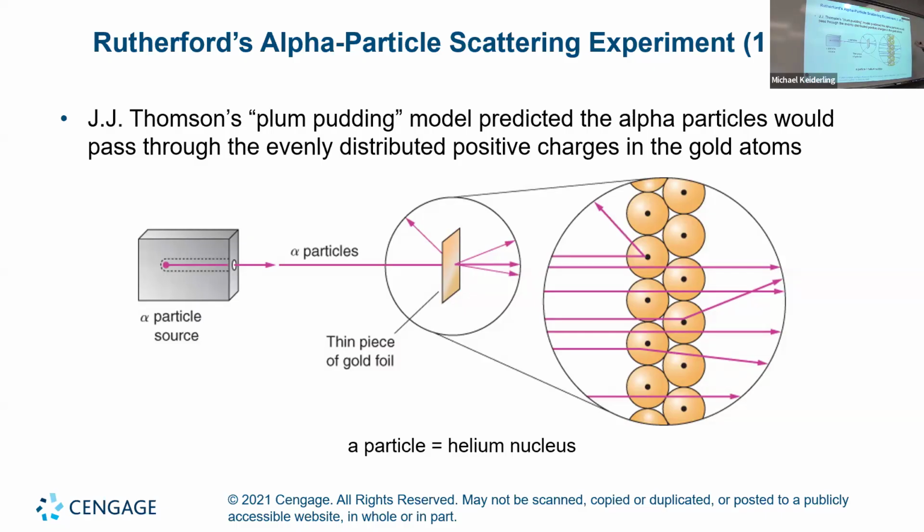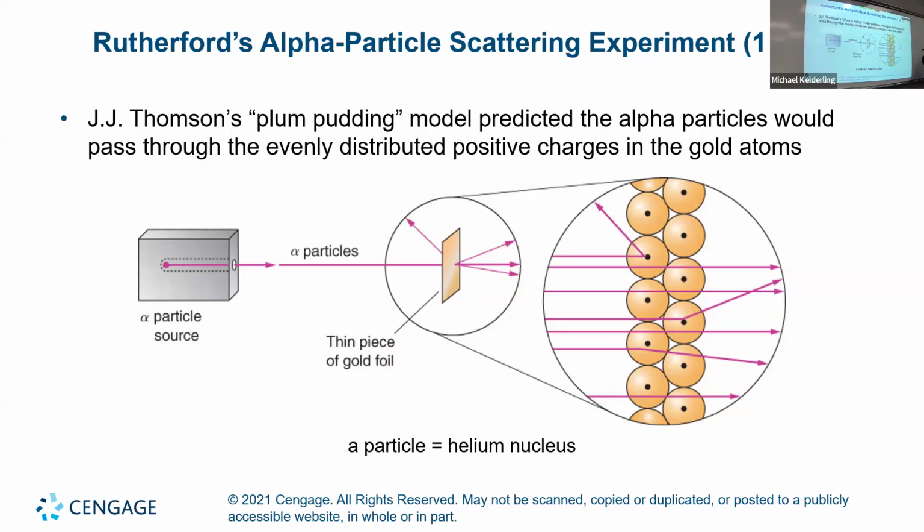And when Ernest Rutherford did this alpha particle scattering experiment, an alpha particle is a helium nucleus, and he shot these heavy alpha particles at this incredibly thin, few atom thick sheet of gold foil, he was shocked to discover that some of them bounced.